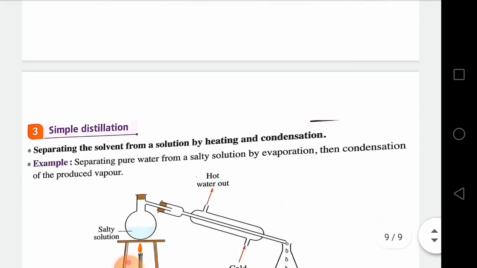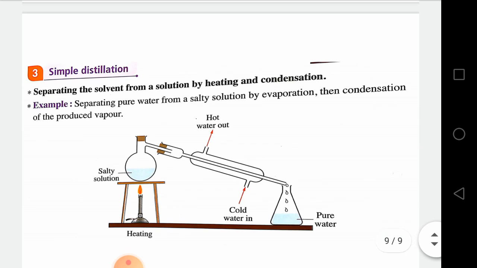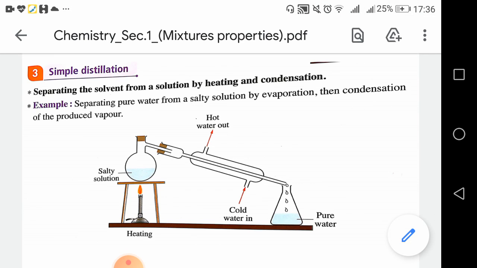Now transfer to the third method to separate mixtures, which is called simple distillation. In simple distillation we use this apparatus, and we also use heating and cooling. Simple distillation means heating to evaporate the liquid substance, then cooling to condense it and collect the distillate in another container.